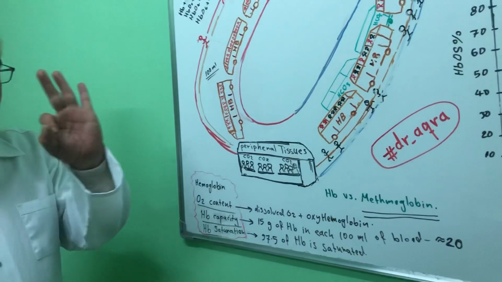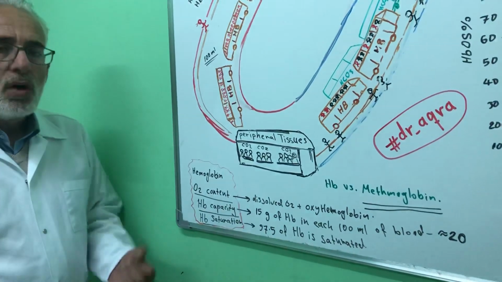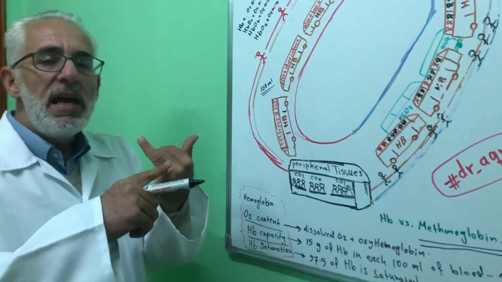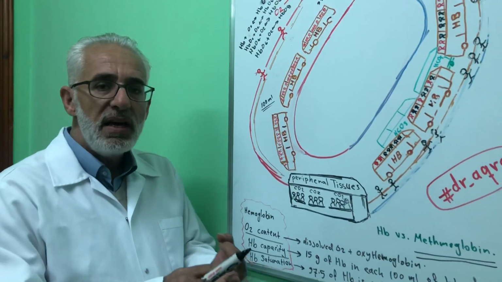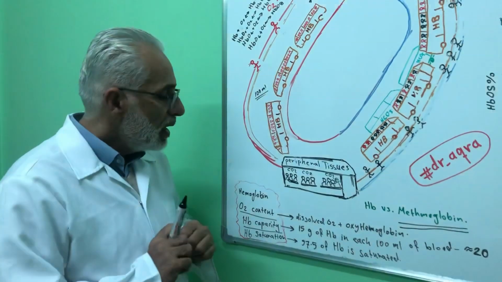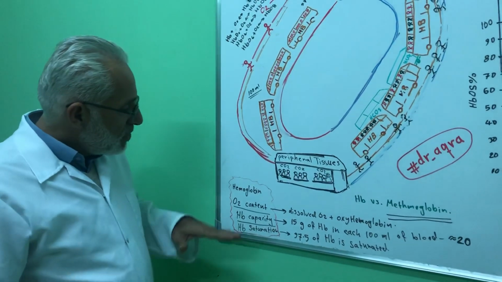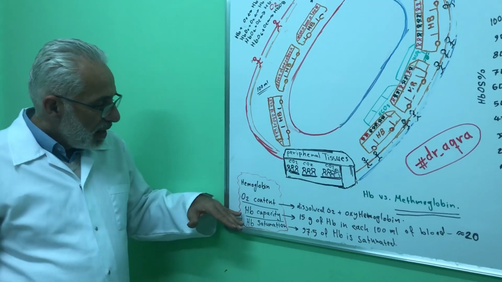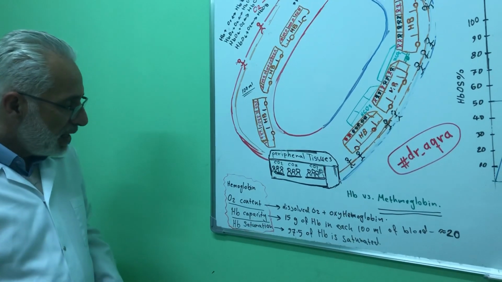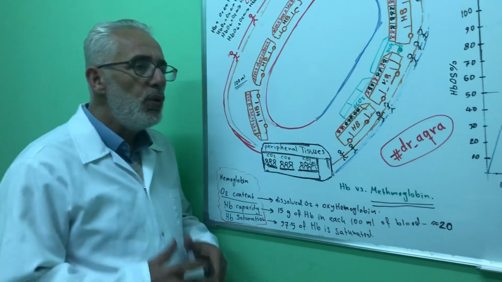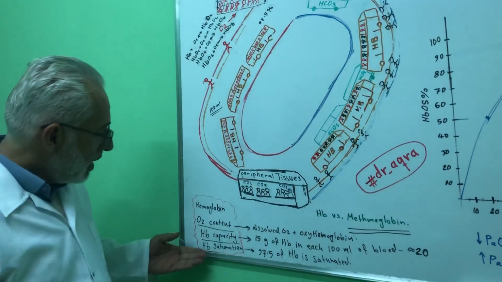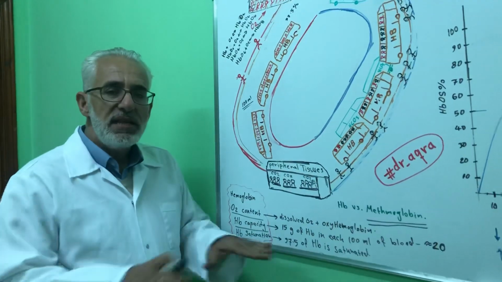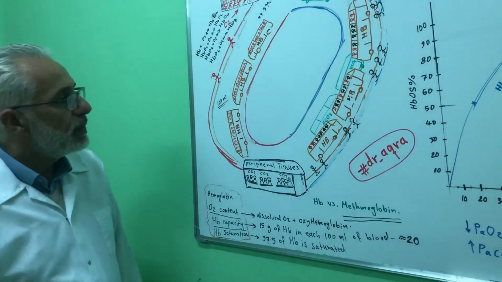Now, if we have three persons, one who is healthy, another has anemia, and the third has polycythemia, the oxygen content and the hemoglobin carrying capacity would be different, for sure. But the hemoglobin saturation will be the same for the three persons.